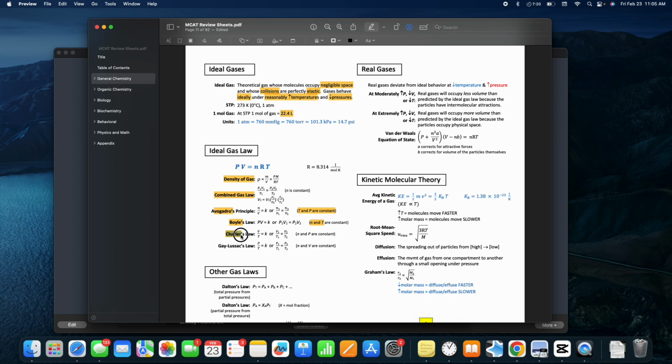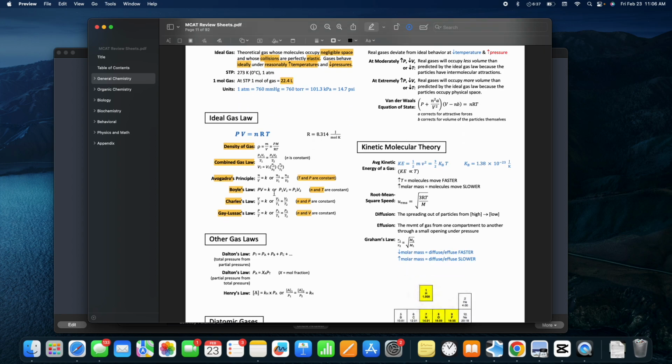In Charles' law, n and P are constant, so if you remove n and P, you have V over T. In Gay-Lussac's law, n and V are constant, so it would be P over T. If n and V are removed out of the equation, we have P here and T. Forget about R. P over T.